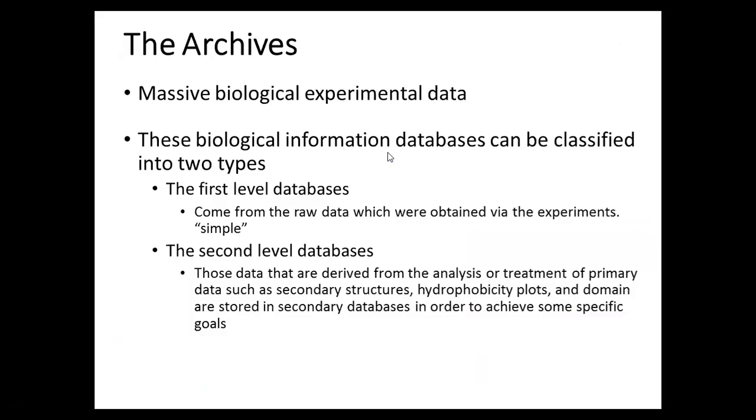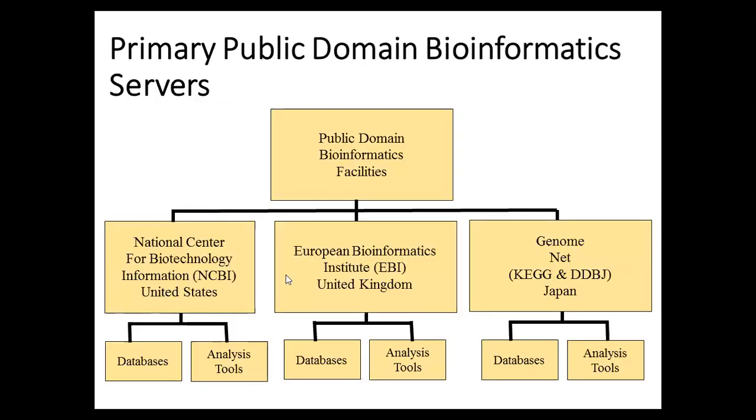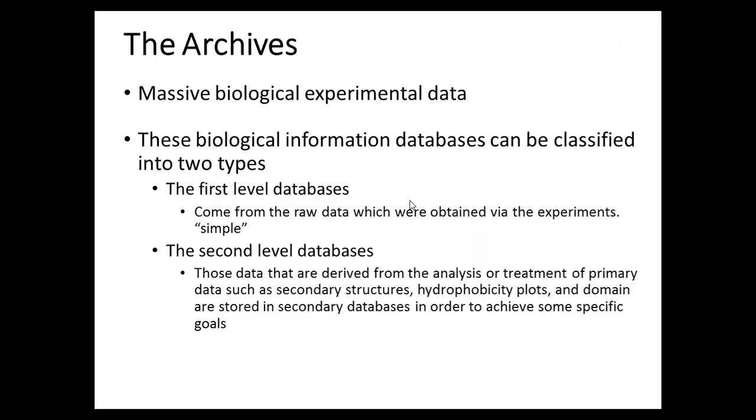So let's now talk about these archives. These three archives, NCBI, EBI, and DDBJ and KEGG, have massive biological experimental data. And these biological information databases can be classified into two types: first level databases or primary databases, which come from the raw data.